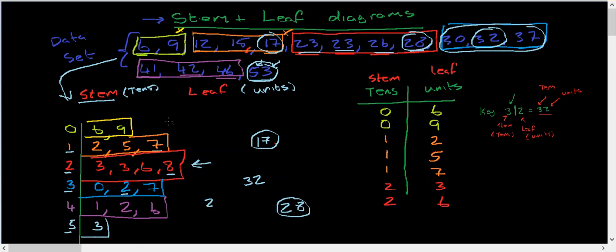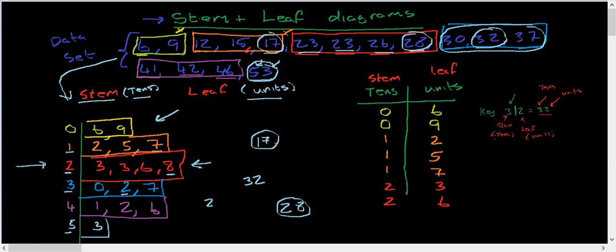So you can construct one just like we've done. Now it's important to note that in this case we're using the stem to represent tens and the leaf part to represent units, but that will be dictated by whatever the key is. The key will tell you what each one represents.